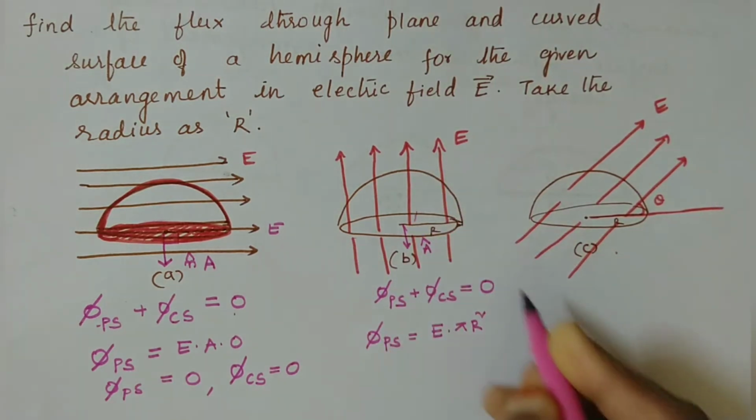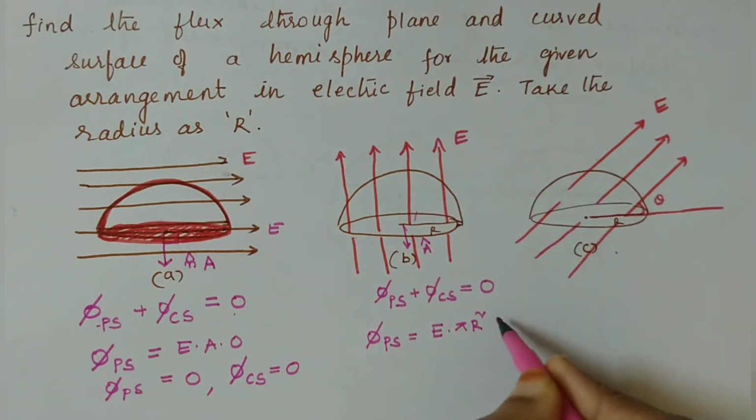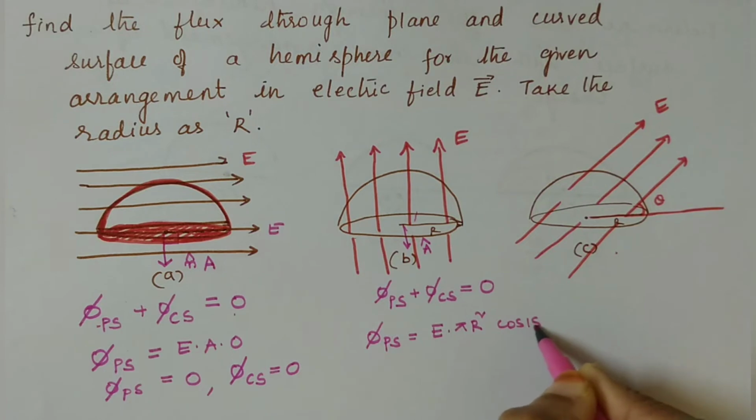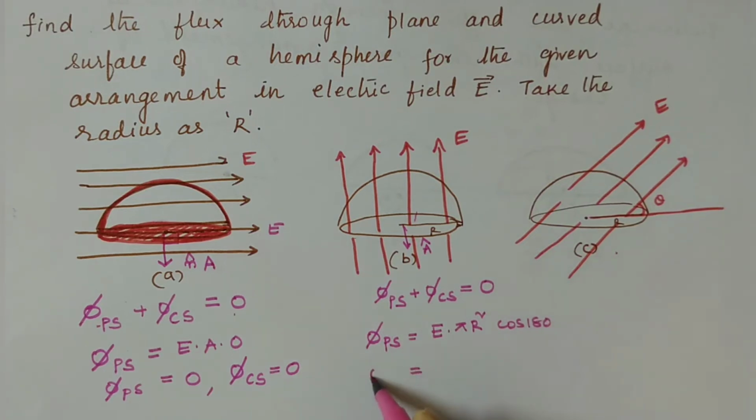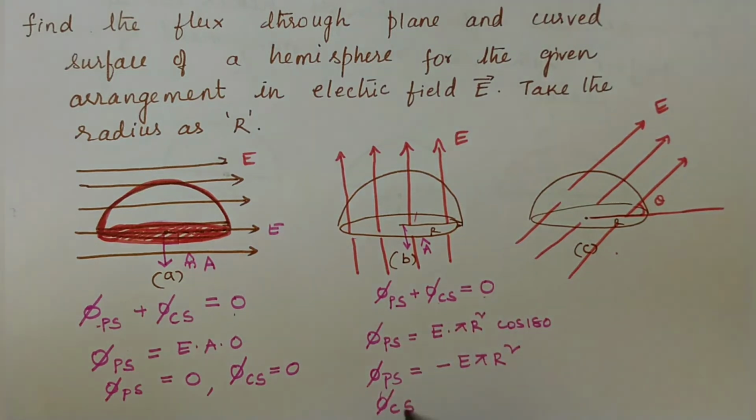Angle between them is 180 degrees because area vector is outward normal. Field is acting upward. Cos 180, which is minus 1. So flux through plane surface is minus E into pi r square. And since the sum of these two surfaces flux should be 0, flux through curved surface would be plus E into pi into r square.